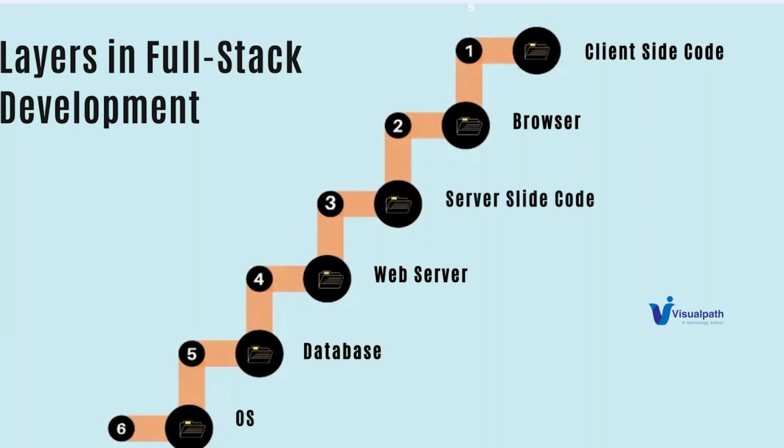Then the database, from where you fetch the data. Point 6 covers the operating system, like whether you host on a Windows box or a Linux box. But point number 6 is mostly for the DevOps engineer. For us as a full stack developer or full stack engineer, most companies focus on points 1 to 5.